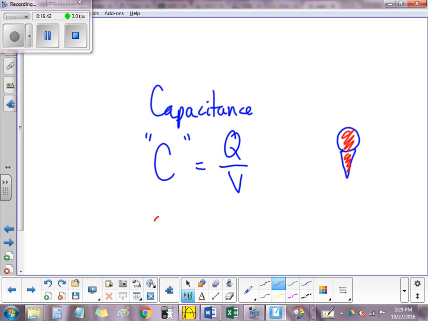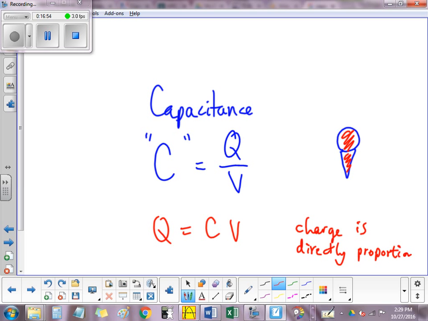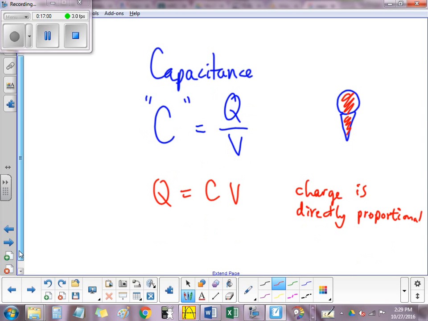You could write it this way and say that charge is directly proportional to voltage.